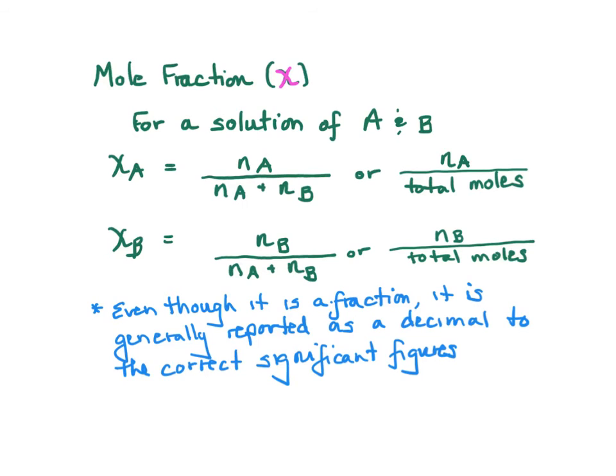It's just a fraction, all right? So it's kind of the part over whole without the times 100. Now, even though it's called a mole fraction, it really should be reported as a decimal to the right number of sig figs. So try not to write your fraction as a half. Instead, write it out as a decimal so you can show the right number of sig figs.